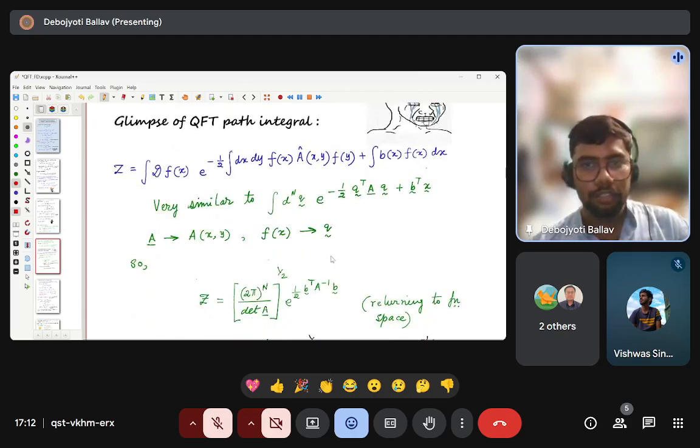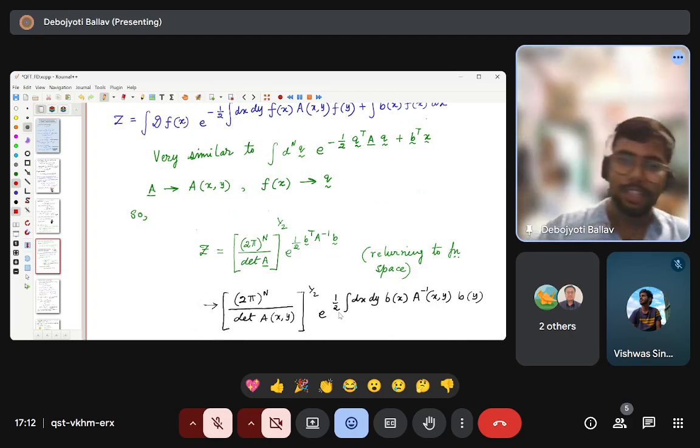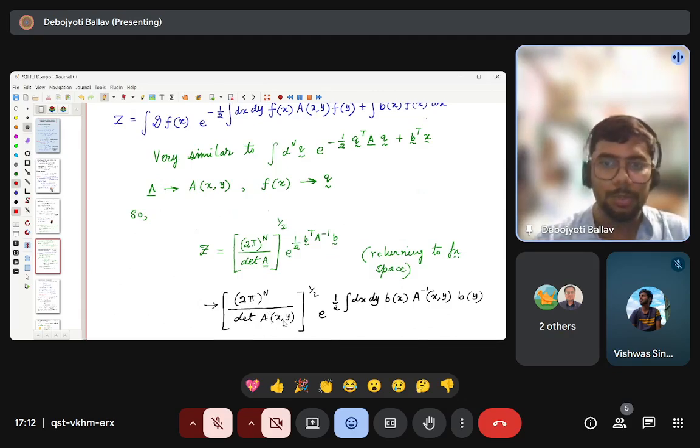You know the answer for these two versions, q and A, so you go to the function space, take the answer and write it exactly, just by analogy. I haven't done anything. You don't need to solve it. You need to find this determinant of A. We will talk about how to find that determinant, and you will have this.